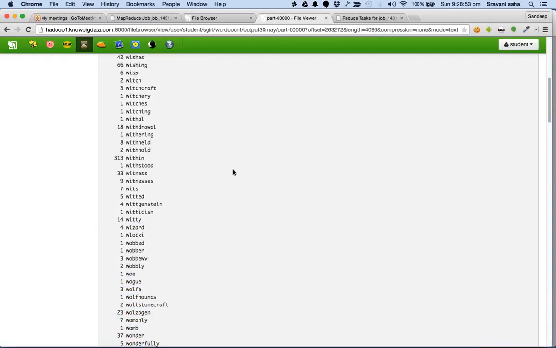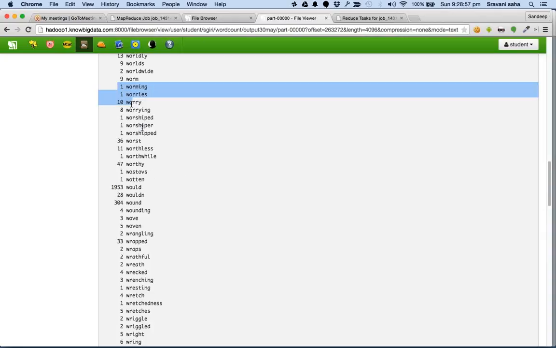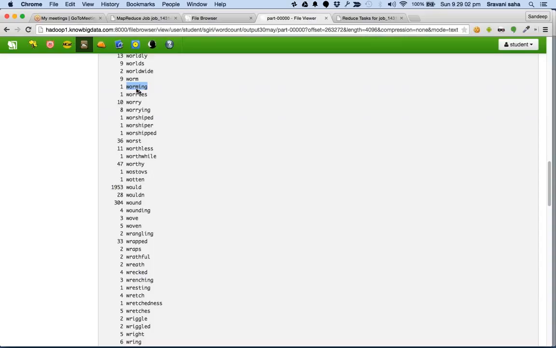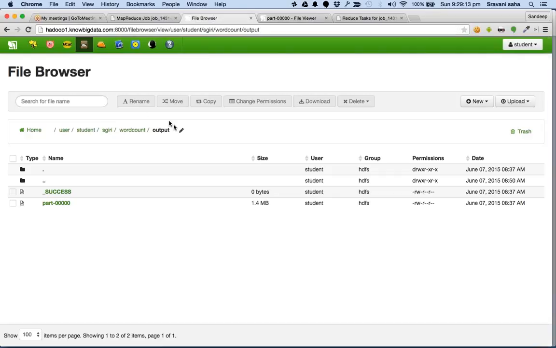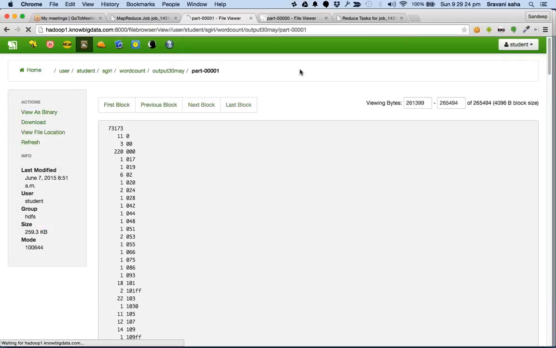Now, the one thing I wanted to express is that it's not that words like warming will only be there once and not exist in another part. But the words between warm and warming might exist in another part. Let's say we go into part 1 and go to the last block.